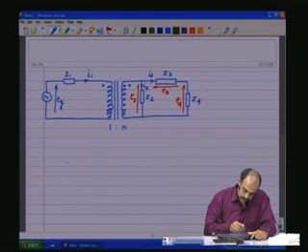Now, if you want to reflect everything onto the primary side, all the things get transformed onto the primary side. For reflecting, I am going to redraw the portion of the circuit. Of course, the primary side impedance will still remain in the primary side without any change.